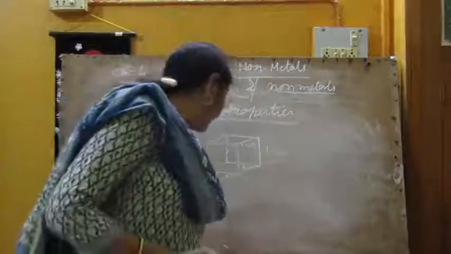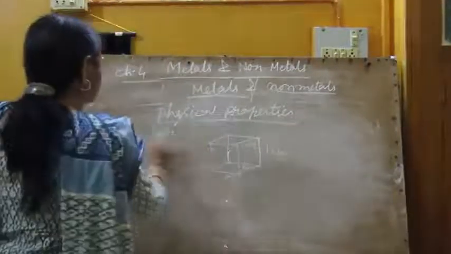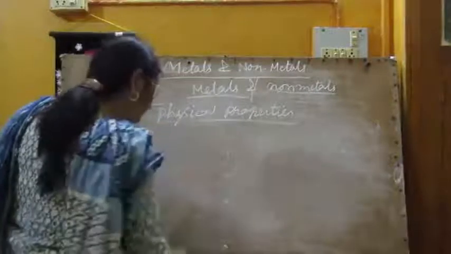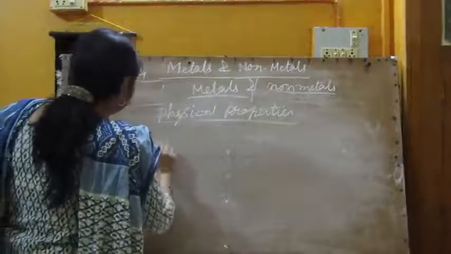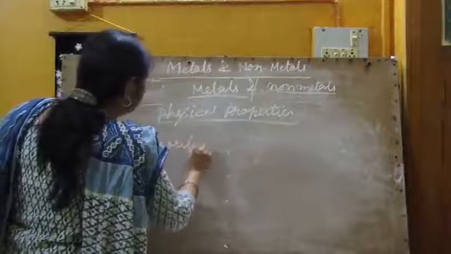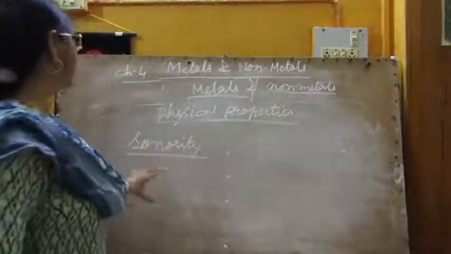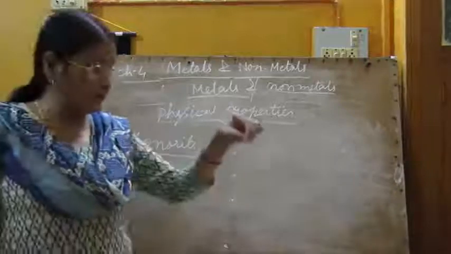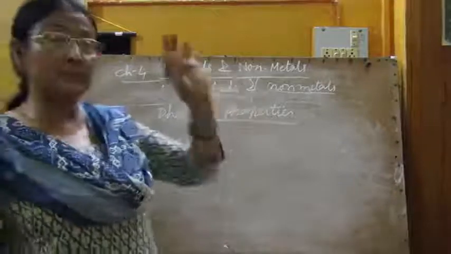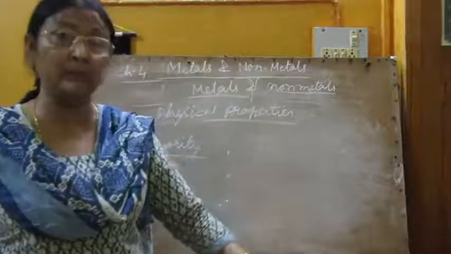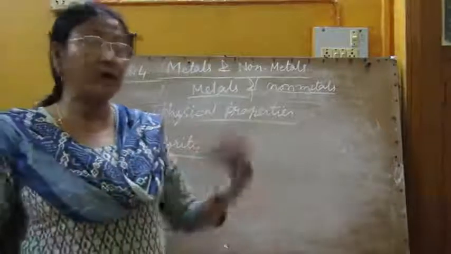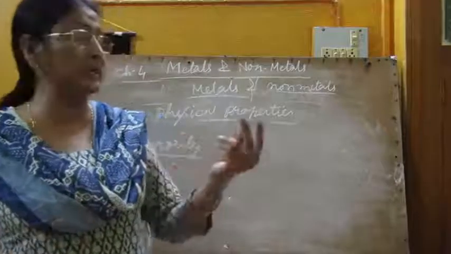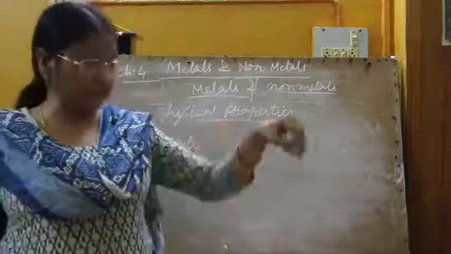Now coming to sonority. What is sonority? Sonority means to make sound. If I drop a piece of metal on the floor, it will make a sound. How will we do the experiment? You take a coin and make it fall.